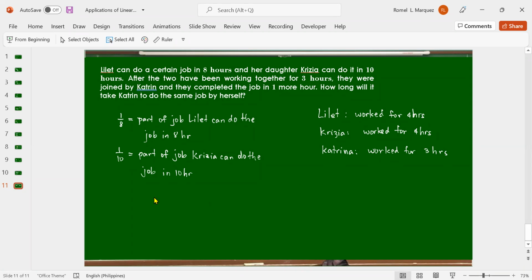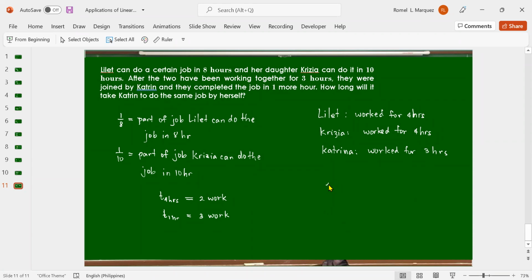Kaya, sa first 4 hours, dalawa lang ang nagwo-work. Samantalang sa last 1 hour, 1 hour more, ilan ang nagwo-work? 3 work. Okay, children? Nakuha ba, guys?